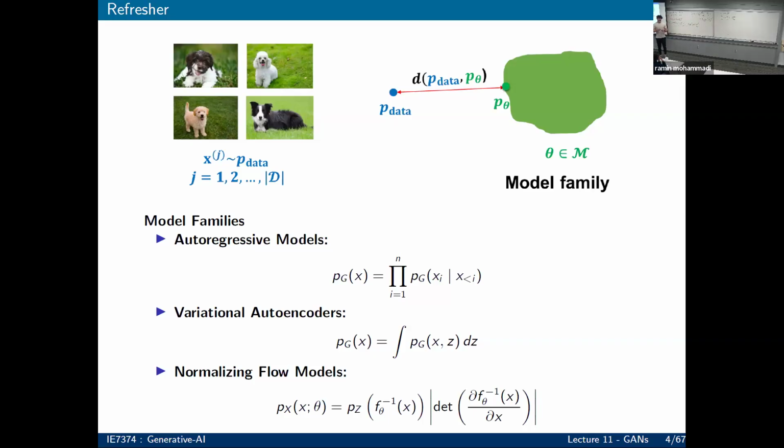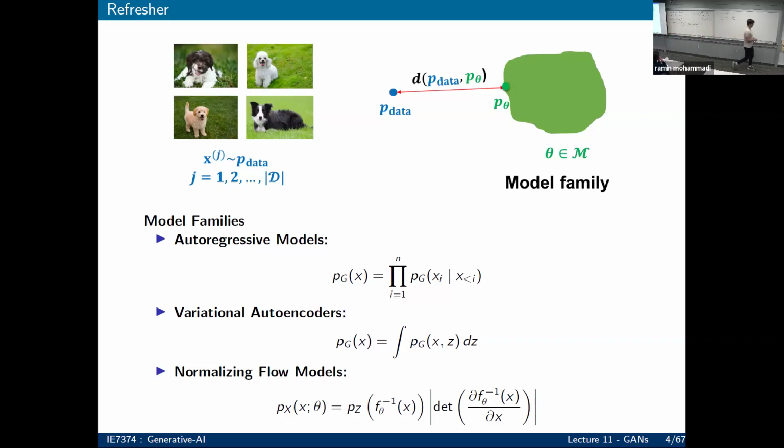The height comes from the change of variable formula, and that's how you define the new distribution. The idea is to go from a simple distribution Z to a more complex distribution. Is that clear? So that was the idea of normalizing flow.